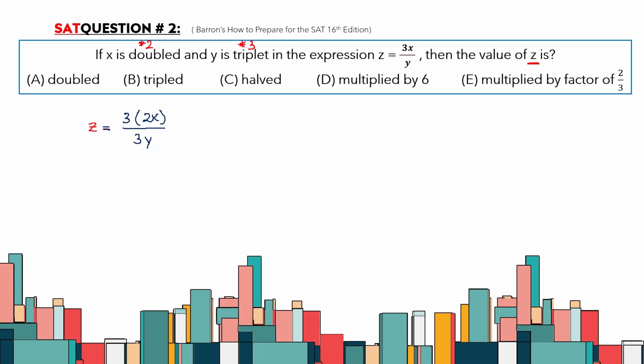To know how much z changed, we can take the new z, divided by the original one.